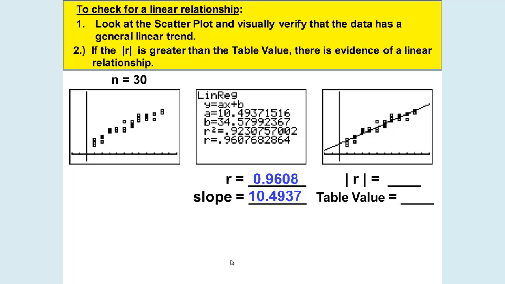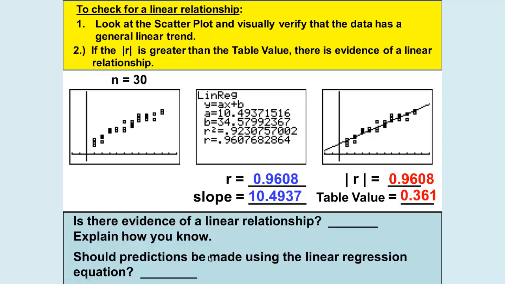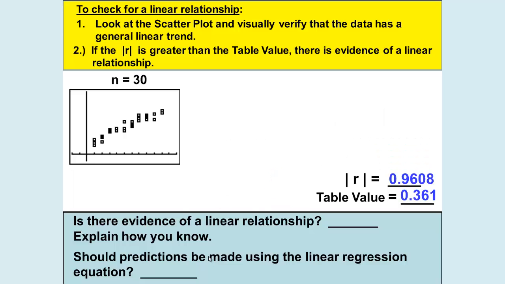What is the absolute value of R? It would be 0.9608, and our table value for n equals 30 is 0.361. And that does come from the chart of critical values for correlation coefficient. Is there evidence of a linear relationship? Yes.